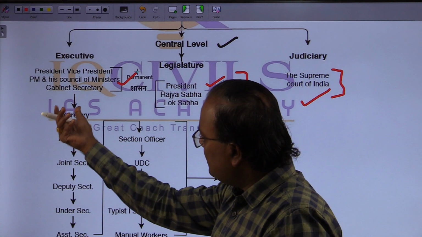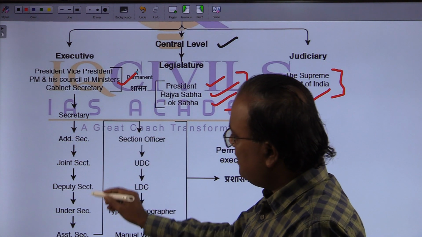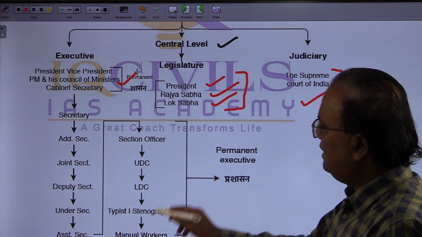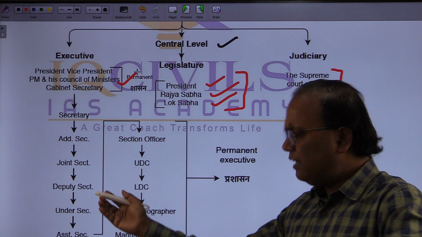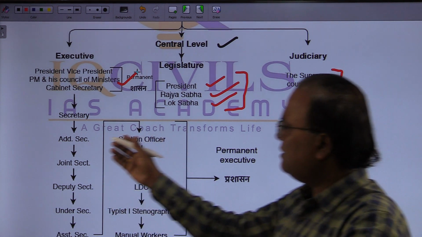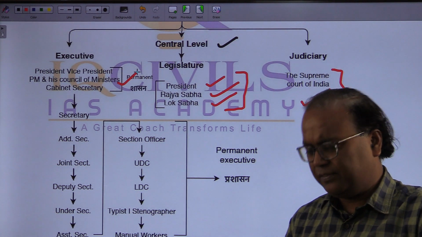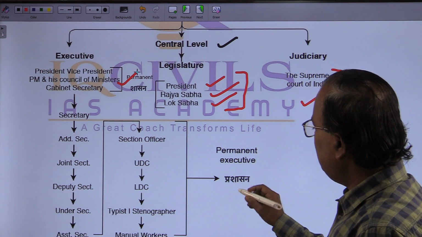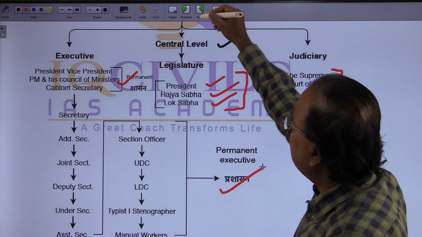And we have secretary, additional secretary, joint secretary, deputy secretary, under secretary, assistant section officer, UDC, LDC, typist and manual workers. Even when the government keeps on changing, they remain on their post. Only some transfers are possible, but otherwise they remain on their post, and they are called the permanent executive, and in Hindi it is known as Prashashan. That is at the central level.